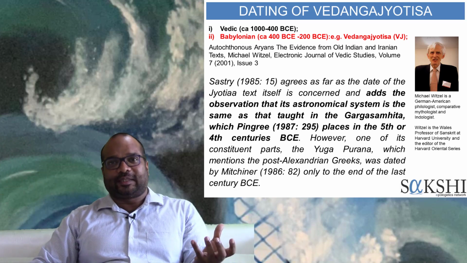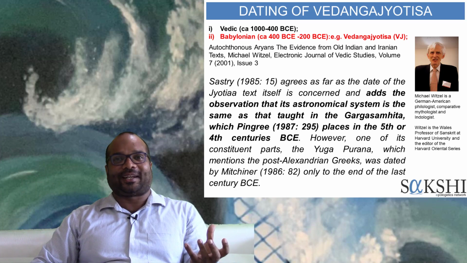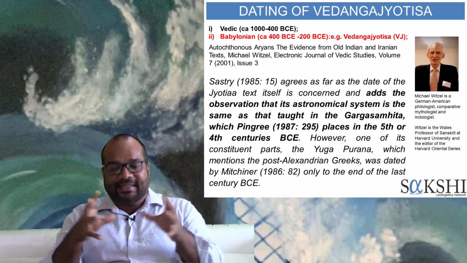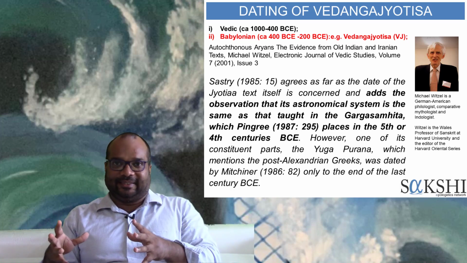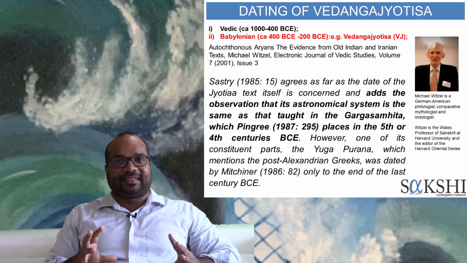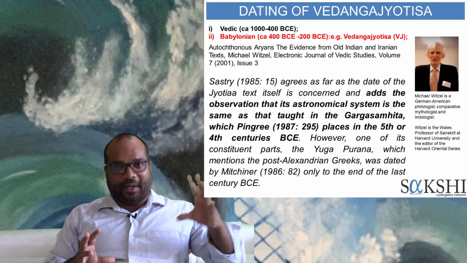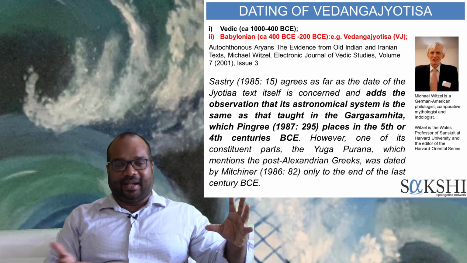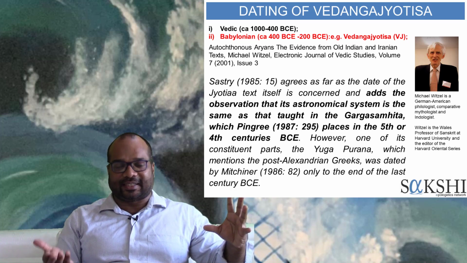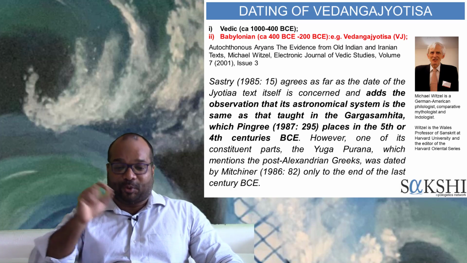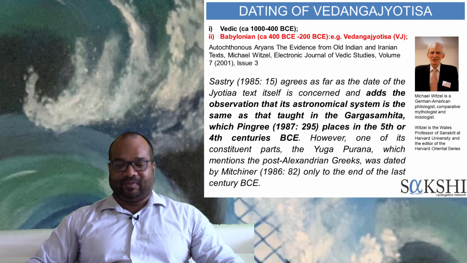And if the Vedanga Jyotisha is actually similar to the Gargasamhita, then both of them must have been contemporary, again coinciding with a later date. You see, the astronomical system in the Vedanga Jyotisha could have been borrowed from outside, then the date should be later, and it should also be accepted that it has borrowed while it has a Vedic element in it. Now this third point is a very interesting thing.